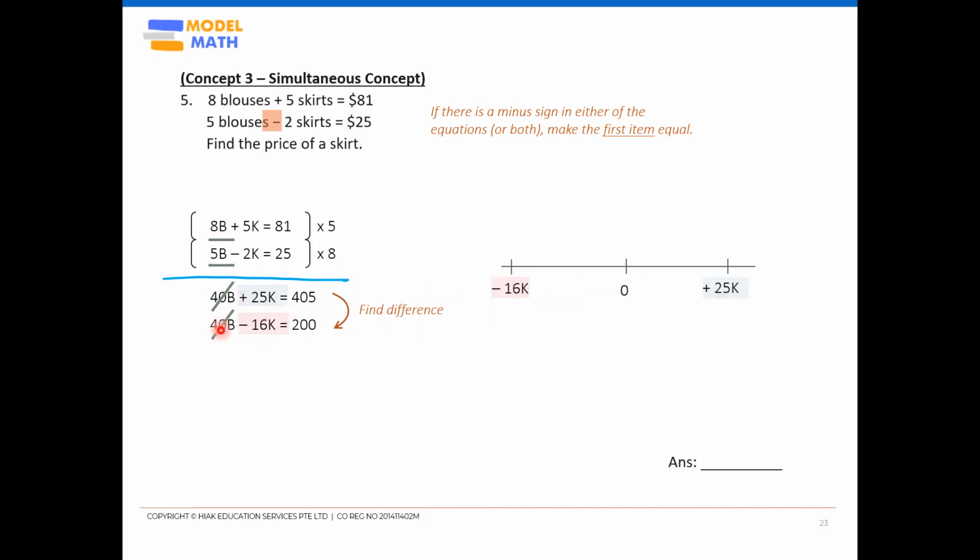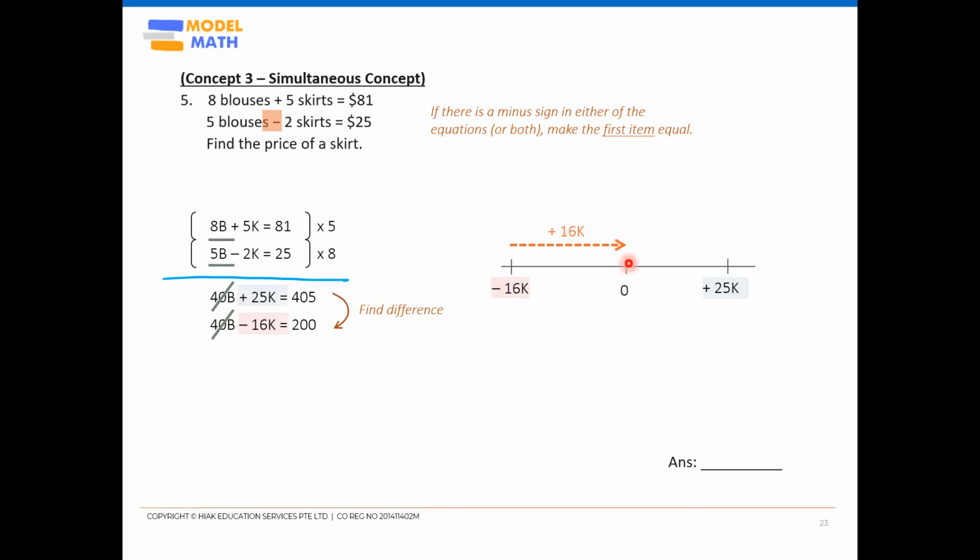Okay, so now I'm teaching you how to find the difference between these two numbers. You need this temperature scale idea to help you find the difference. Now we need to find this total difference, from this to this. So think about walking to 0 first. From here to here, I must walk 16 steps forward to get to 0. From a very cold temperature, if I want the temperature to increase to 0, I must increase by 16.